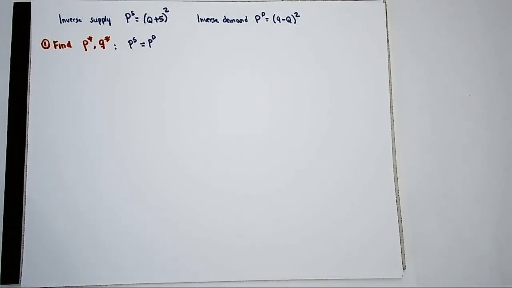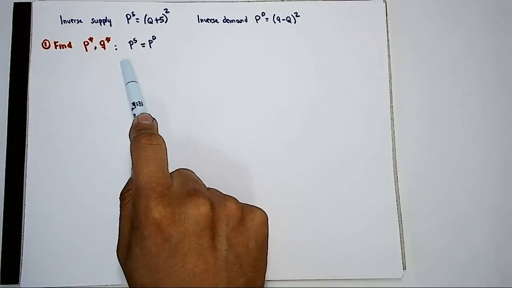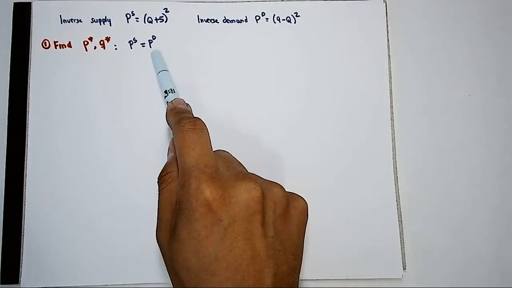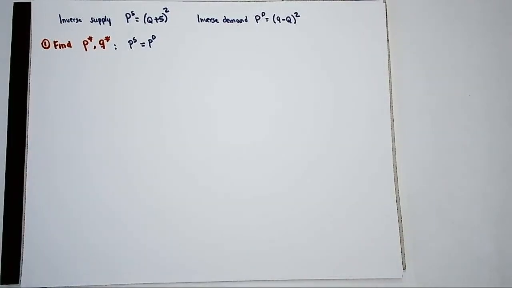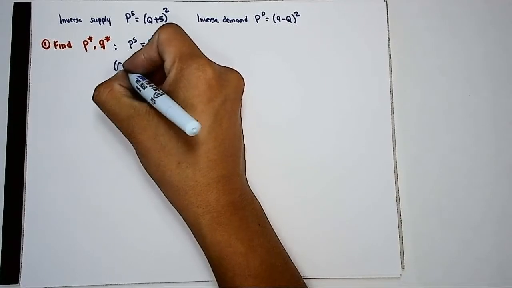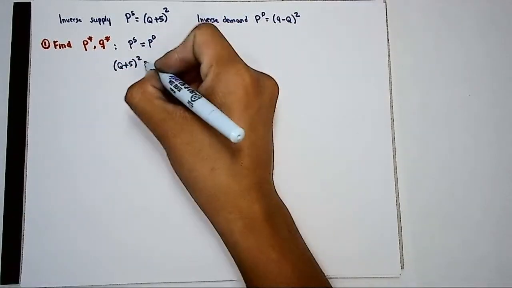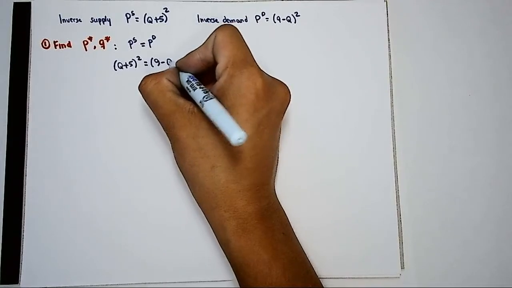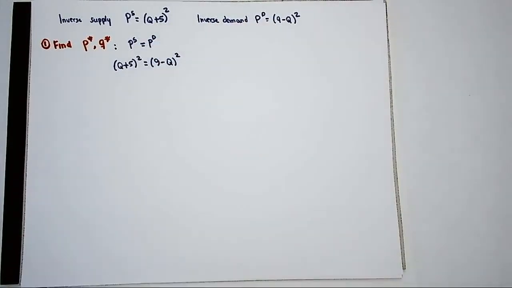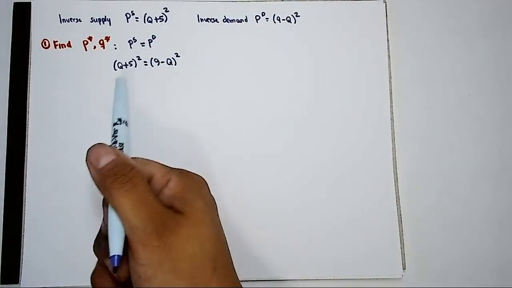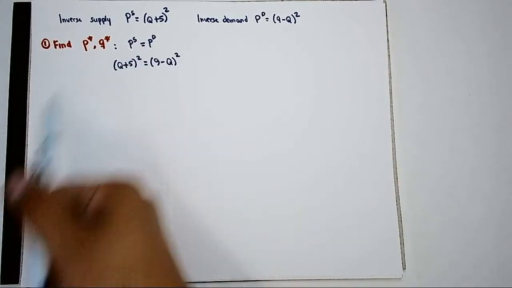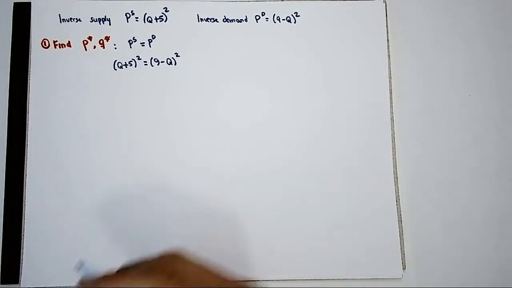This can be found by setting the price received by suppliers equal to the price paid by consumers. In other words, (Q + 5)² must equal (9 − Q)². Here we can expand these functions.